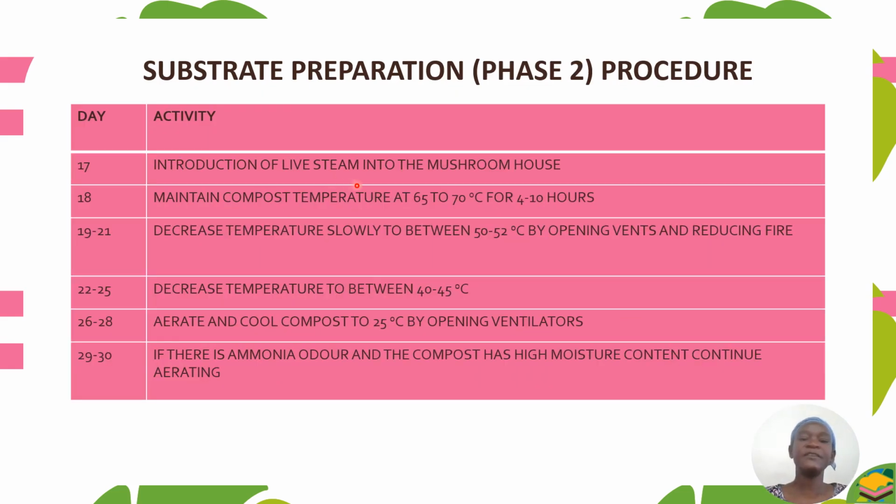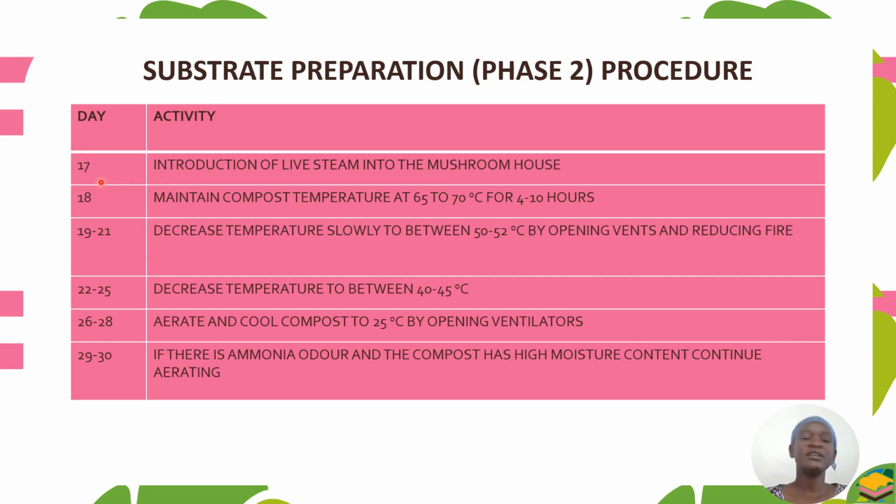Let's look only at phase 2, the details, what transpires in phase 2. Remember, on day 16, more especially when we were looking at phase 1, we said that we put those substrates in a house. So after you have put the substrates in the house, day 17 starts phase 2 of substrate preparation.